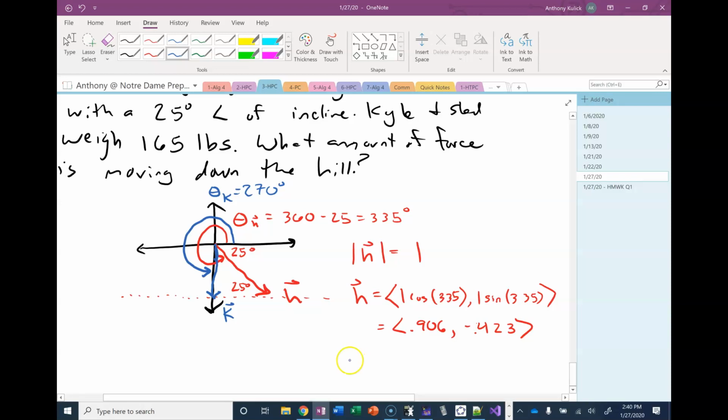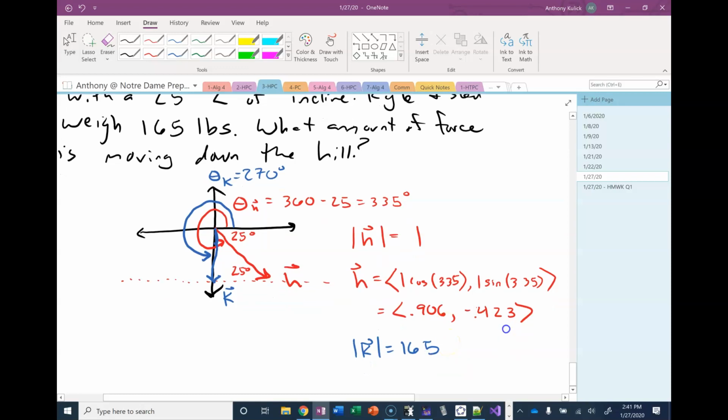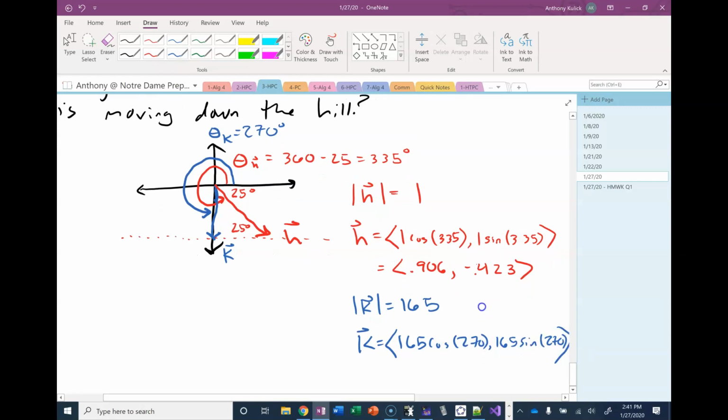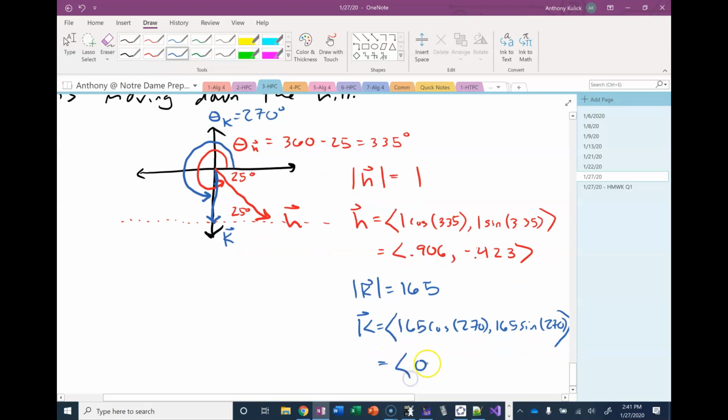And what is the magnitude of that vector going to be? It's the mass of Kyle and the sled. So doing the same thing, we get 0, negative 165.